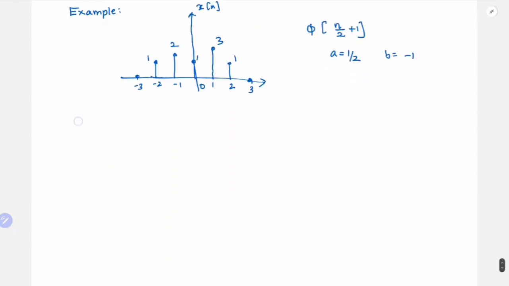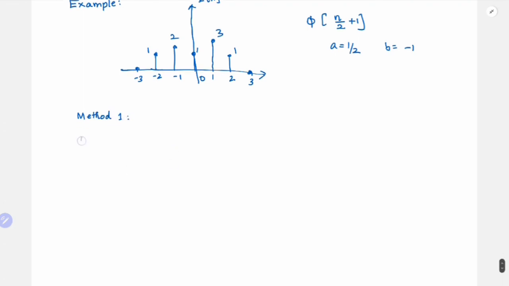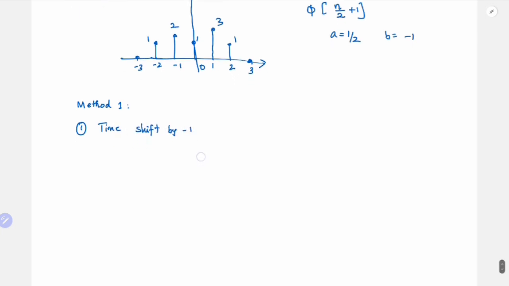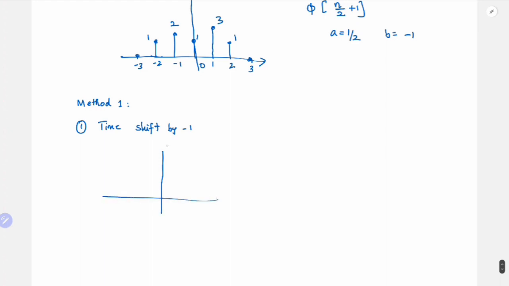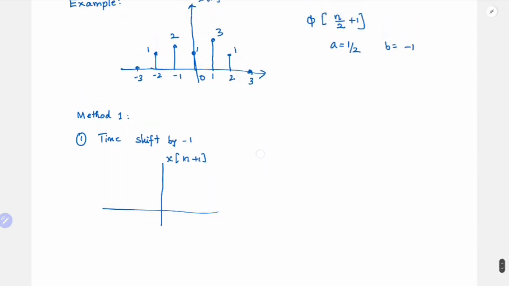Okay. So by our method 1, first thing is time shift by minus 1. So my x of n plus 1 will be, I have to shift this to the left by 1. So I'll start with minus 3, minus 2, minus 1, 0, 1, 2, 3.